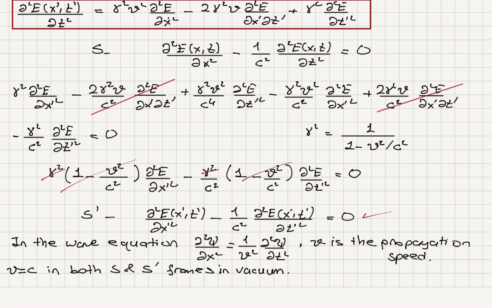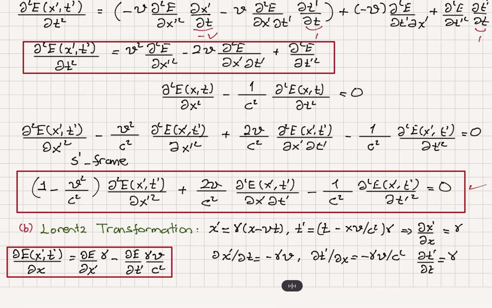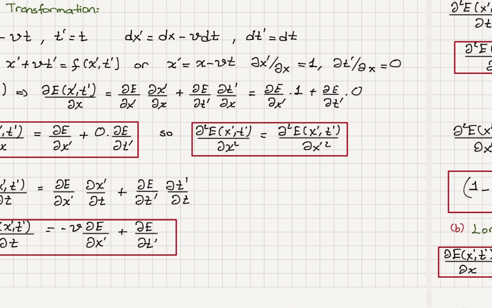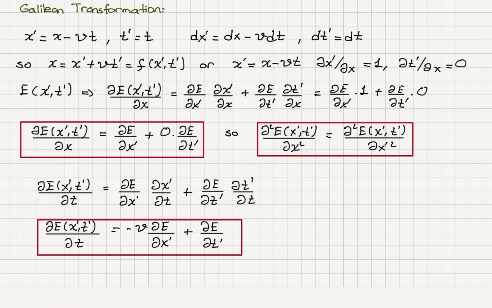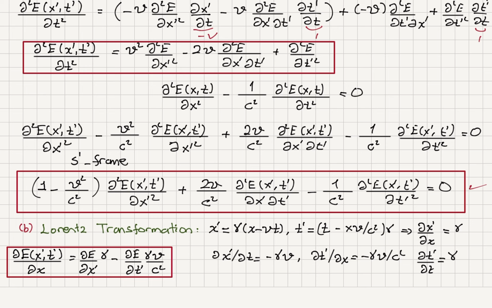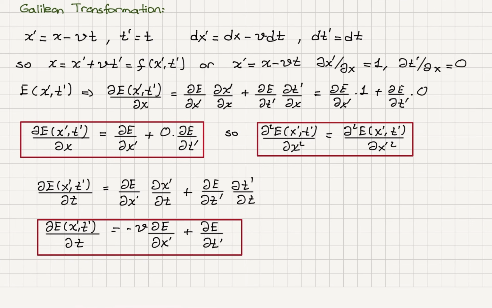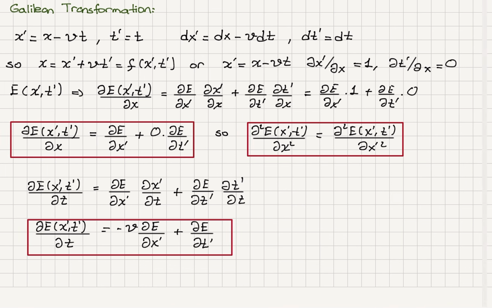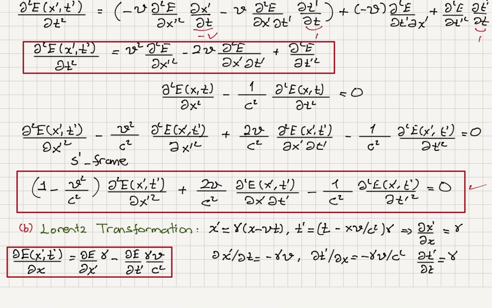Okay, so in this part of the problem, we've used the Lorentz transformation instead of the Galilean transformation. Galilean transformation x prime equals x minus vt is modified to be x prime is equal to gamma times x minus vt. Galilean transformation t prime equals t is modified to be t prime equals t minus xv divided by c square multiplied with gamma.